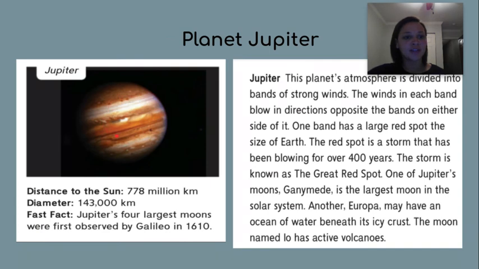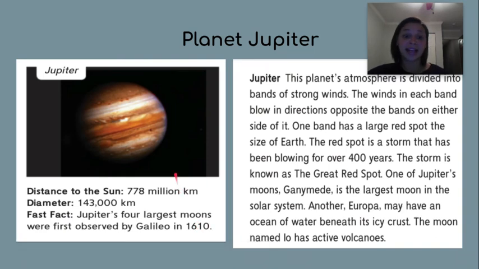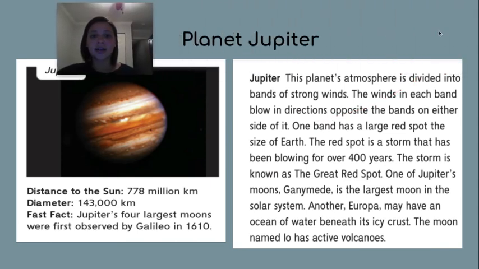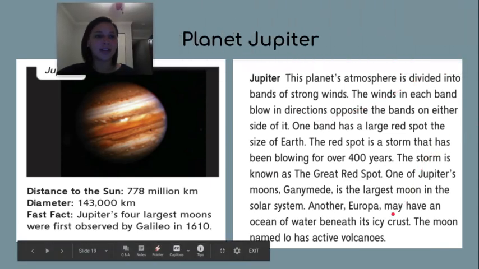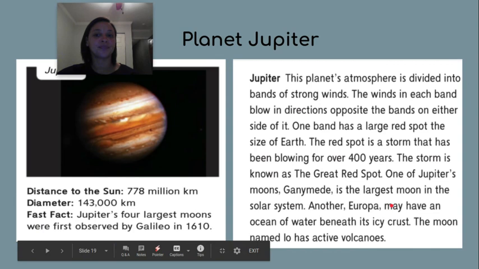Here is a picture of Jupiter, and the fast fact says Jupiter's 4 largest moons were first discovered by Galileo in 1610. So they've been studying the planets for a very, very long time. I would like you to pause and read some information about Jupiter's characteristics. Please pause now and read this paragraph to the right.